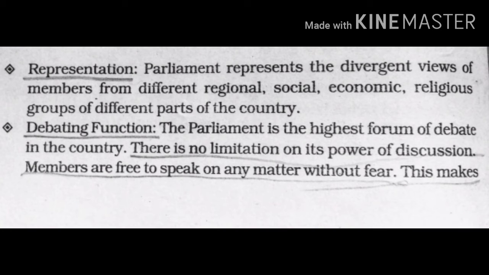Each representative has been elected by the common people to look after their problems. So whatever problems are faced by people of different social groups or religions, their representatives raise them so that those problems can be discussed and solved in the Parliament.